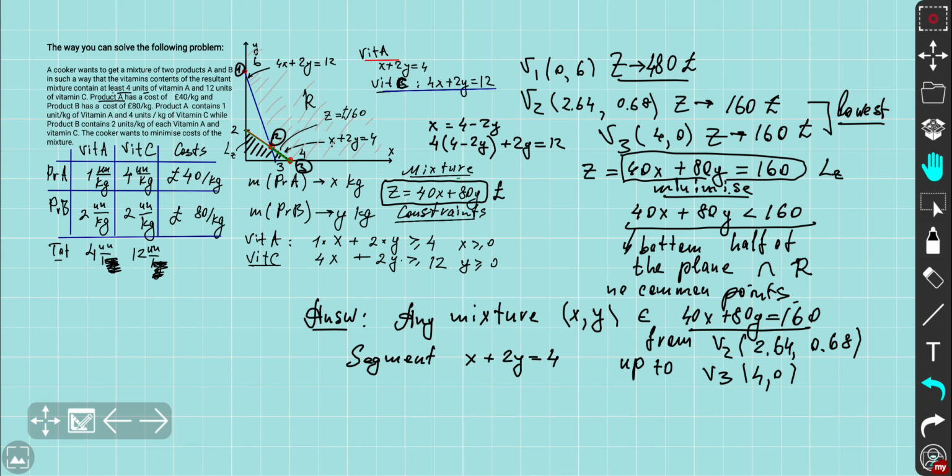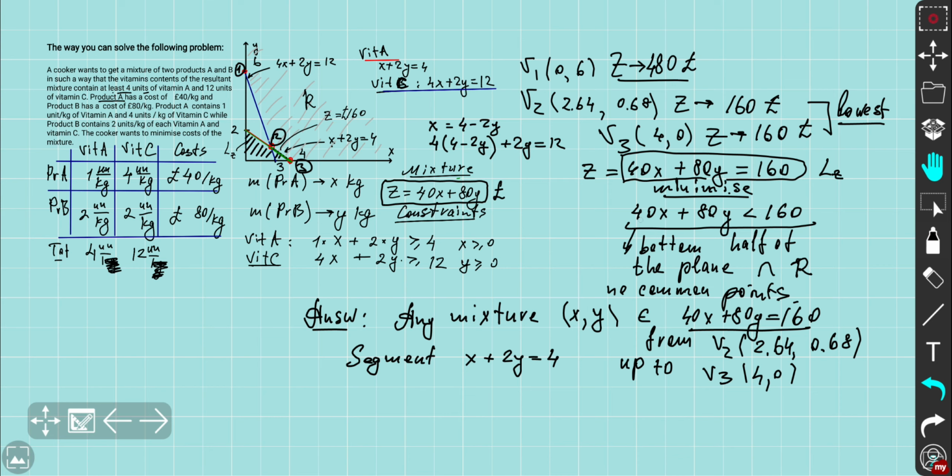In case of bounded, of course it's easier because you just calculate the vertices, calculate the objective function at the vertices, and that's it, just figure out the value, right? However, here we need to analyze first, so we need to set up an inequality that reflects the minimum value from the equation of the line.